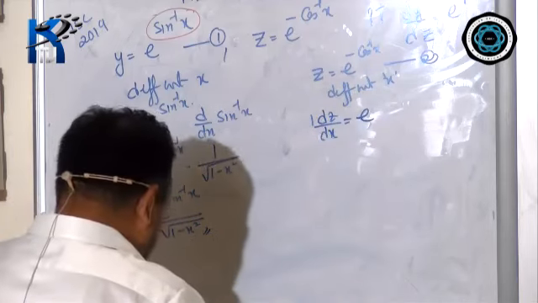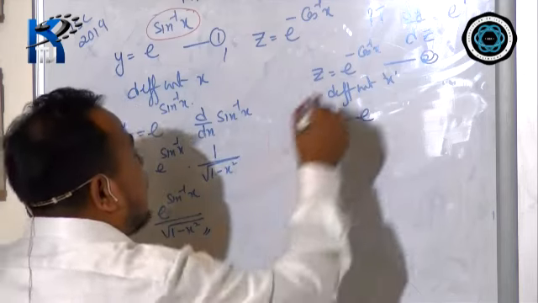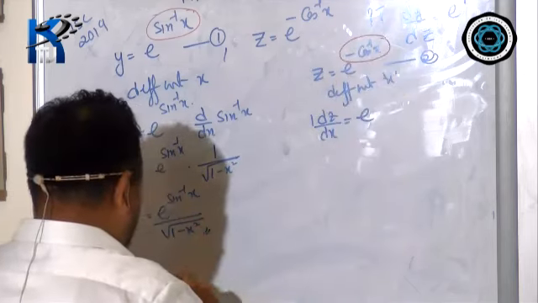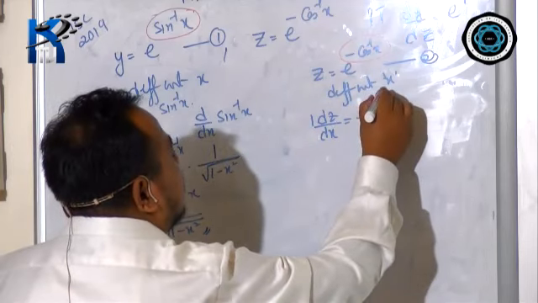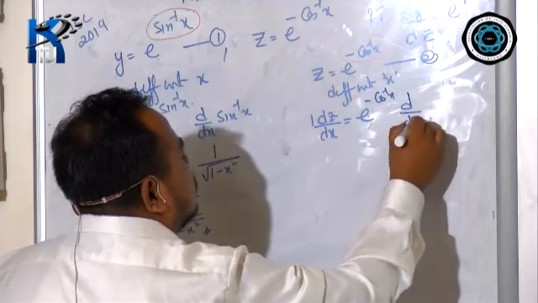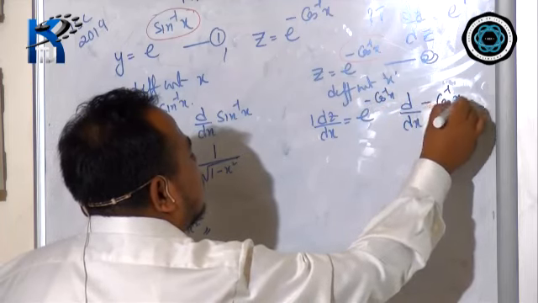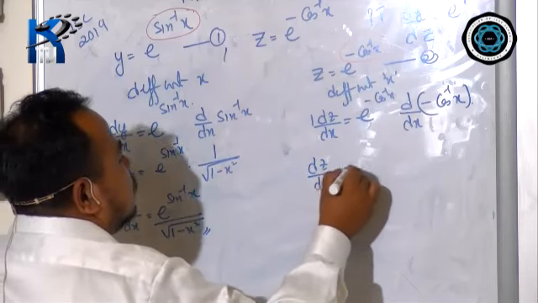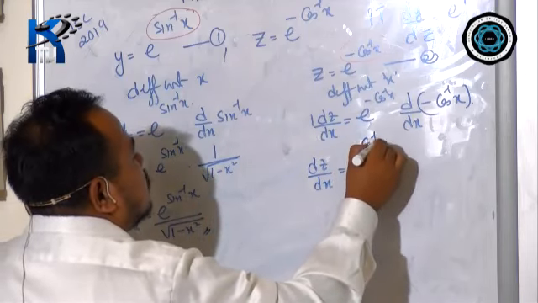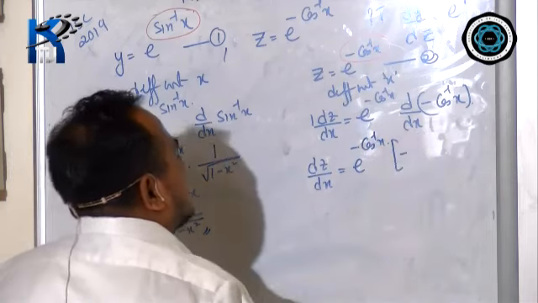Again, what is the differentiation of e to the power x? We assume this part is x. It is e to the power x, but this is just an assumption. So d by dx of minus cos inverse x. So dz by dx equal to e to the power minus cos inverse x, minus as it is.